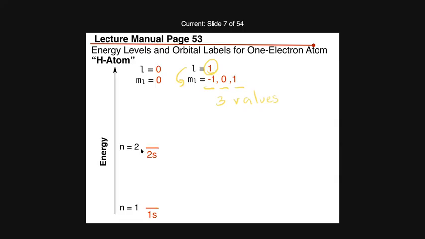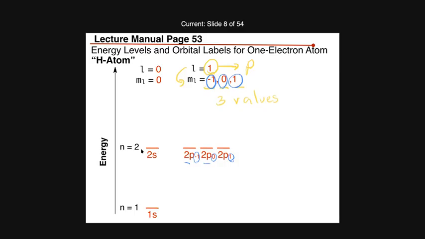When L equal to 1, we call this orbital the p orbital. Therefore, you can label this as 2p, right? Each of these values of M sub L tells you about the orientation of the orbitals, so along the x-axis, y-axis, or z-axis, which is indicated by negative 1, 0, or 1.